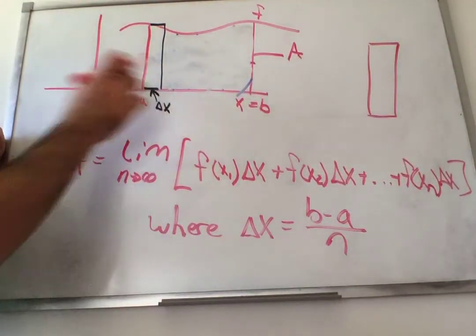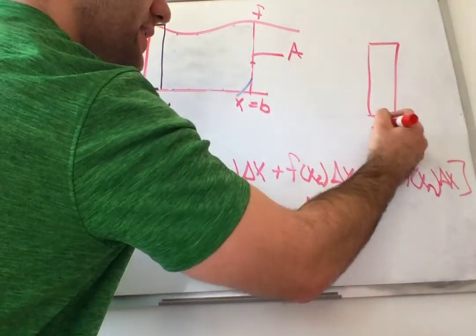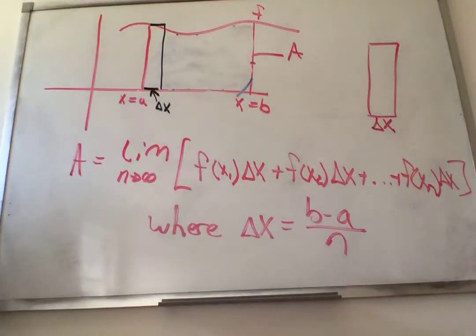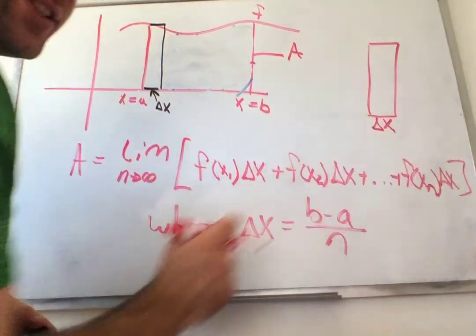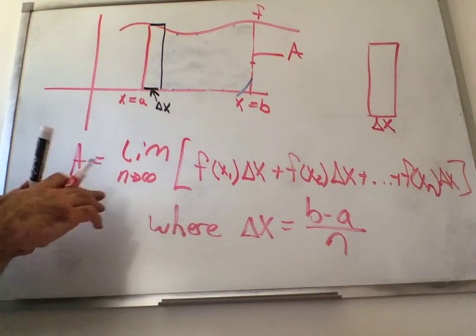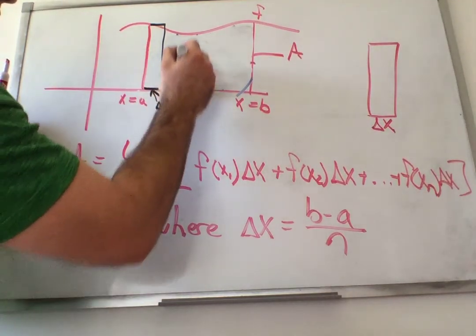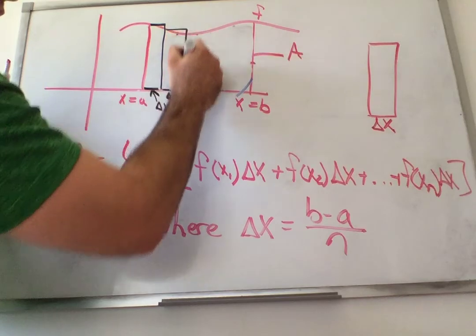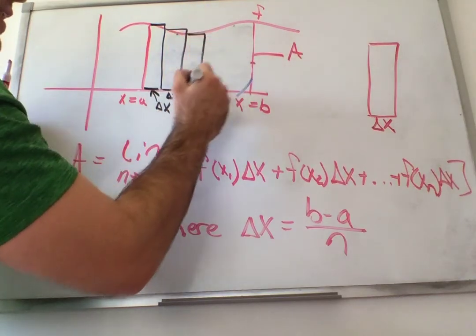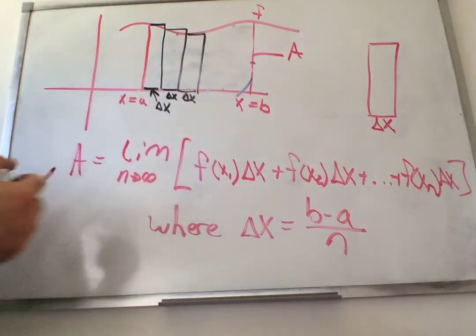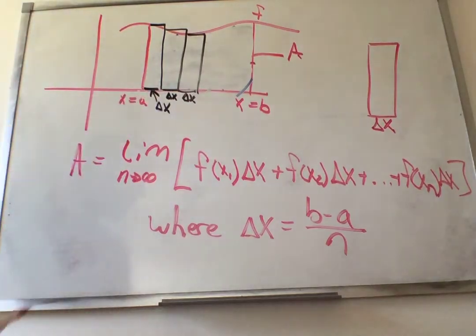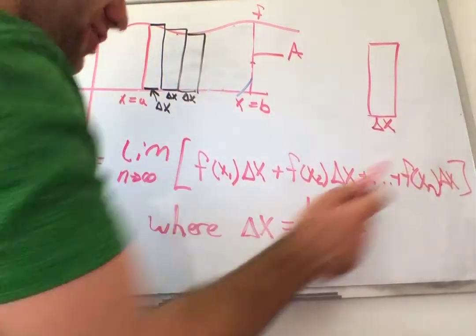The width of this rectangle is delta x. That's why every one of these terms has a delta x, because every rectangle I draw has the same width. That's delta x. Rectangle there. Rectangle there. That's delta x. So the width of every rectangle is the same. That's why it appears everywhere in each term.